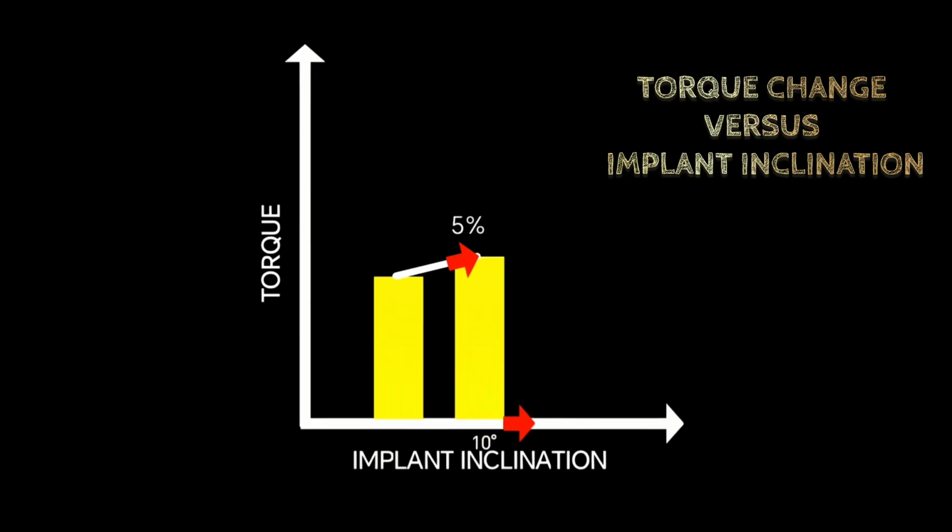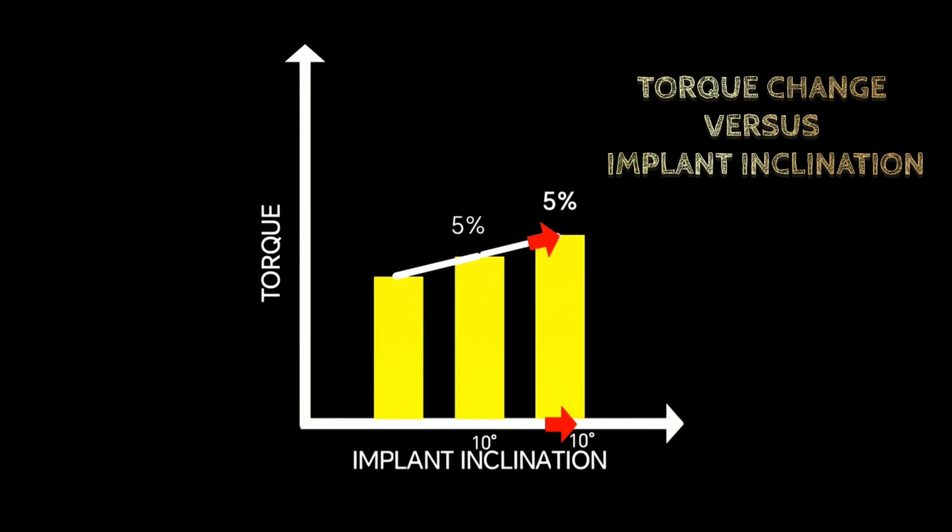And the process repeats similarly if we keep altering the implant inclination. This is the rule of thumb to remember: a 10-degree implant inclination means 5% more load, and 20 and 30-degree inclinations increase the load by 10% and 15% respectively.